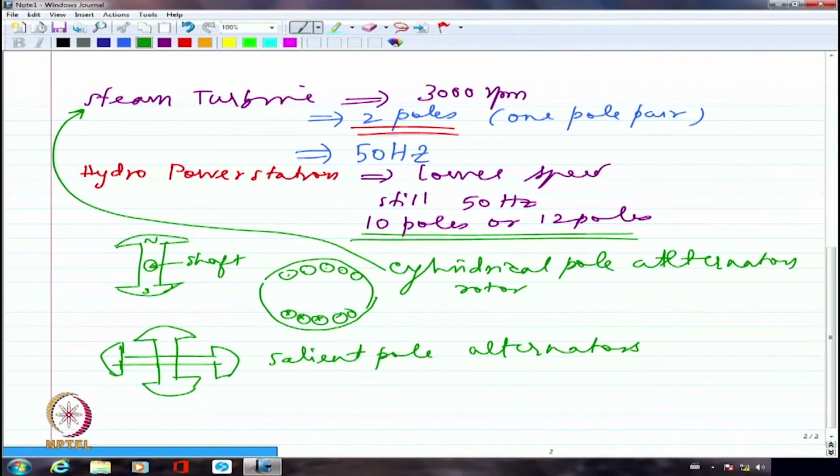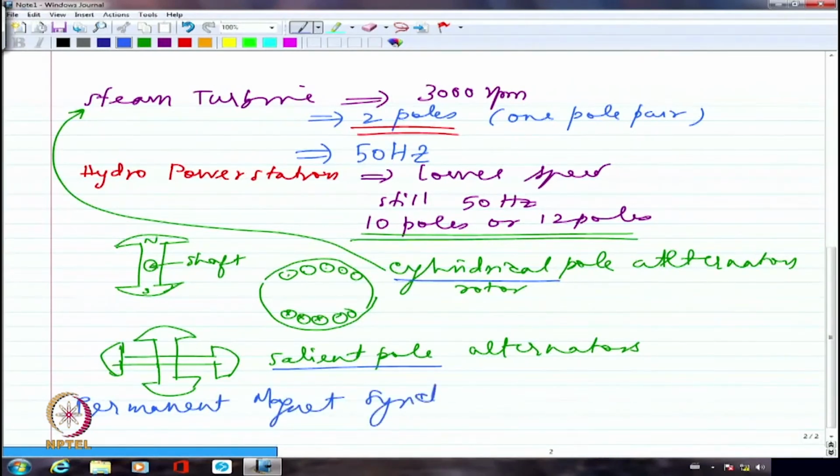So I am going to have the third type. Apart from cylindrical pole and salient pole, there can be a permanent magnet synchronous generator. So generally this is known as PMSG, permanent magnet synchronous generators.